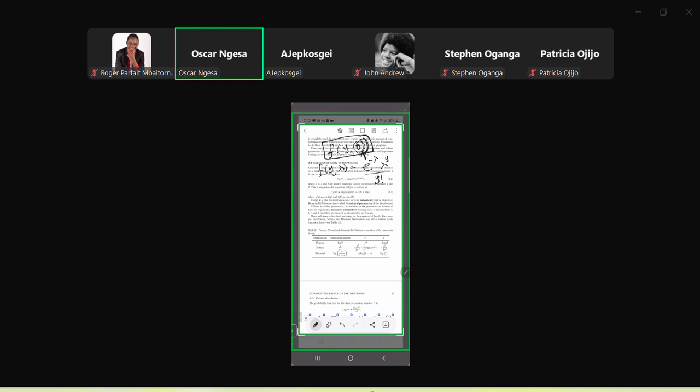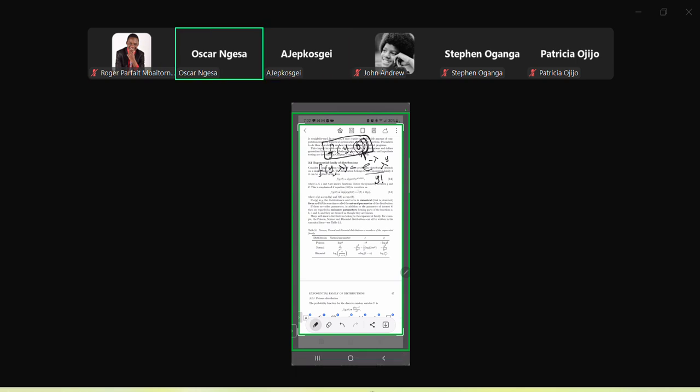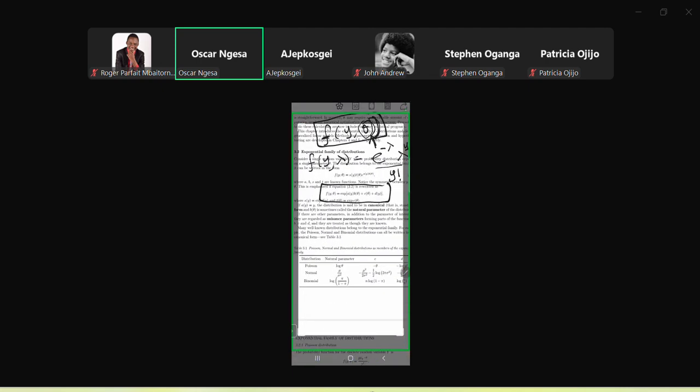In section 3.2, we want to define what an exponential family distribution is. Any probability distribution that you can write in this form. Can you see the form on the screen?